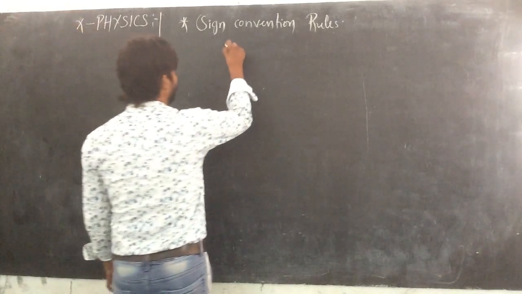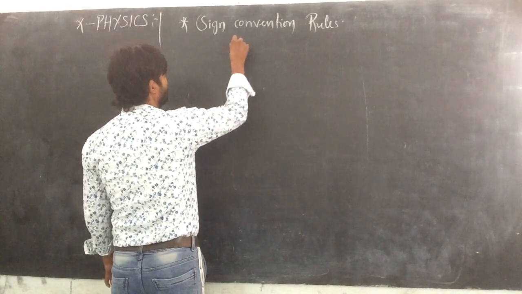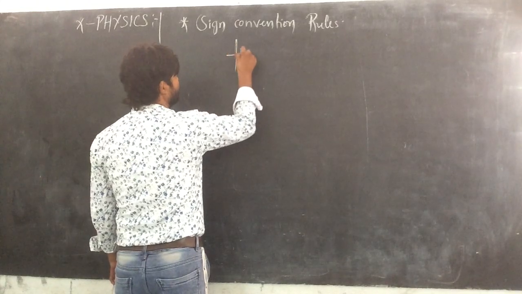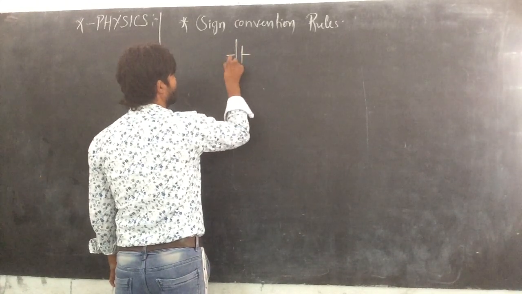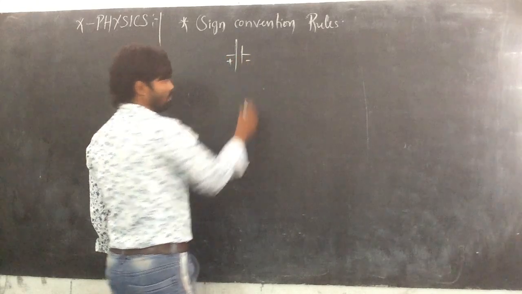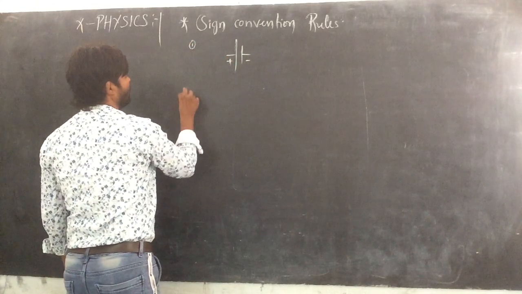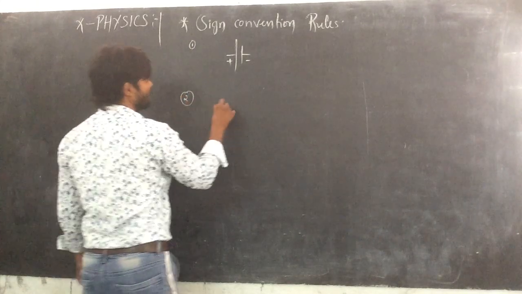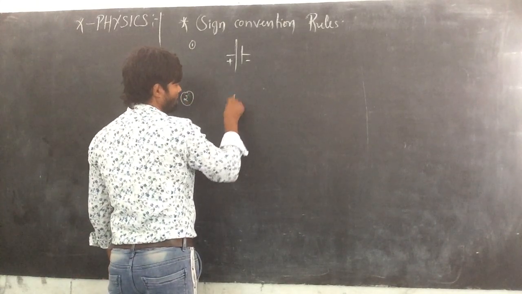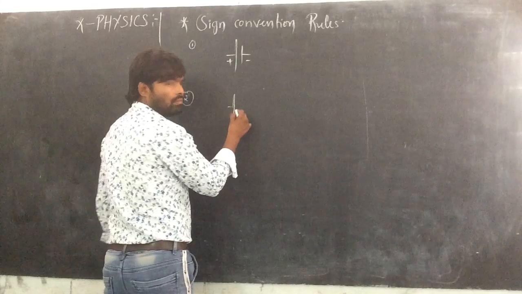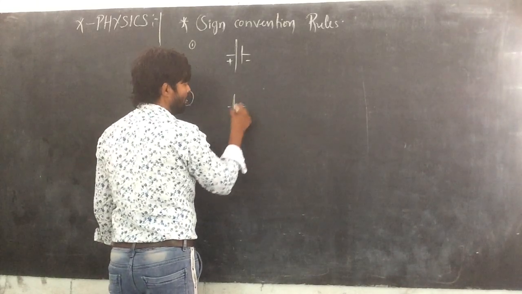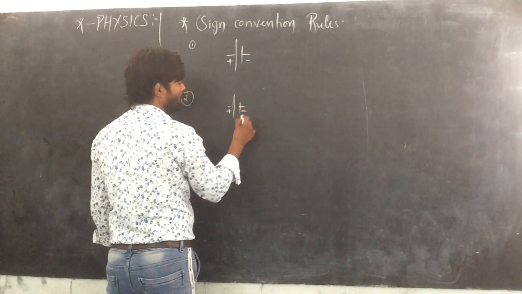First, let us draw a diagram. Positive terminal, negative terminal, positive, negative. This is one case, and this is the second case. Here also, positive, negative, positive, negative.